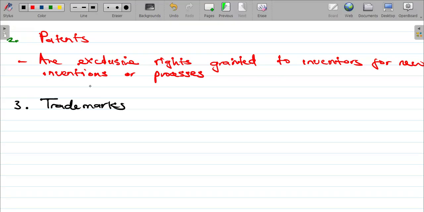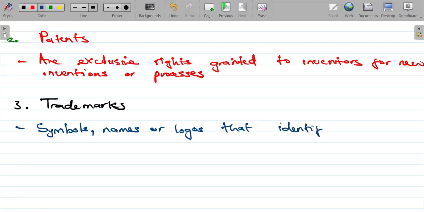So we have Nike, which is a logo registered as a trademark. We also have Adidas, etc.